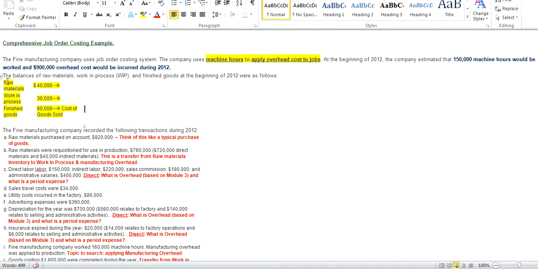It is imperative that you understand this flow of inventory, and that $1 of raw materials will never also be work in process or finished goods or cost of goods sold. You'll only have accounted for an item one time in one of these inventoriable buckets.